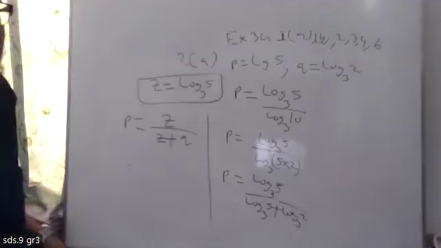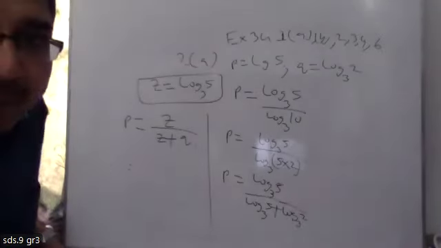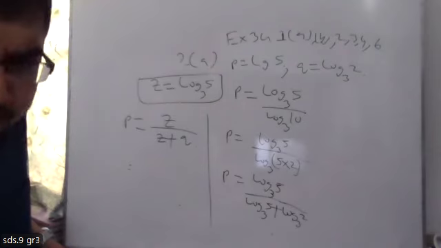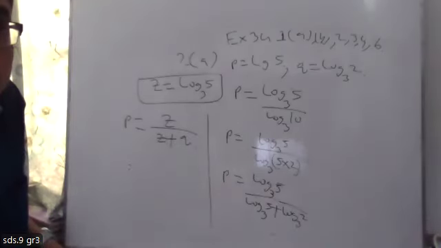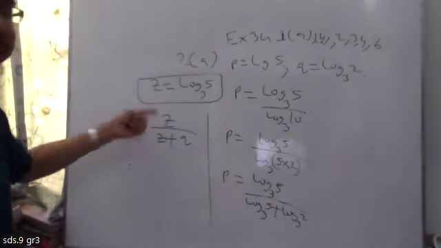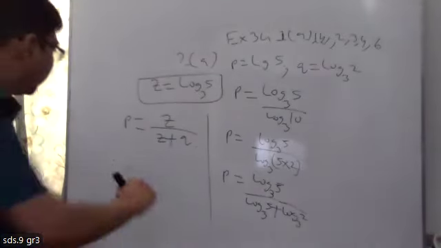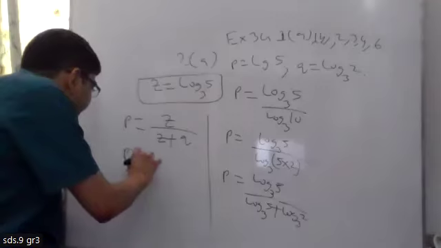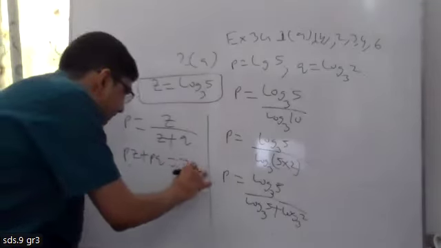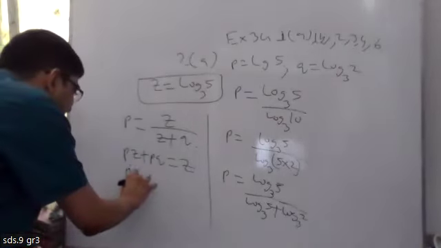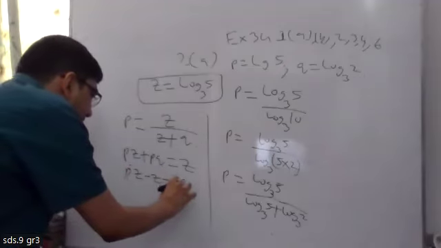Okay. Now how to do this? In maths, you have done the chapter, make the subject of the formula. You have done it? Yes? So I'll make Z the subject of the formula. So PZ minus Z is equal to PQ.